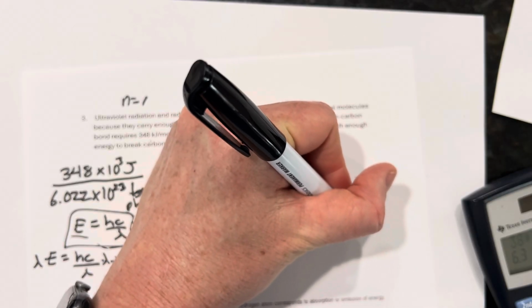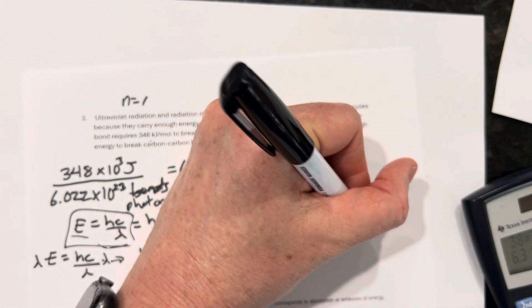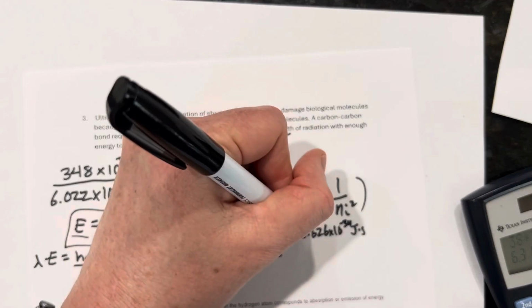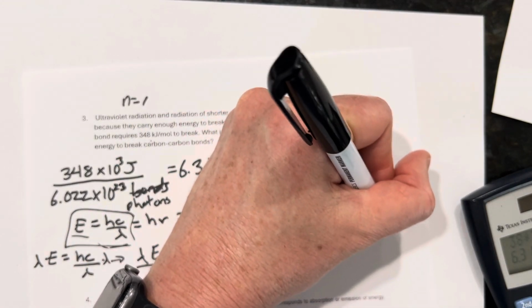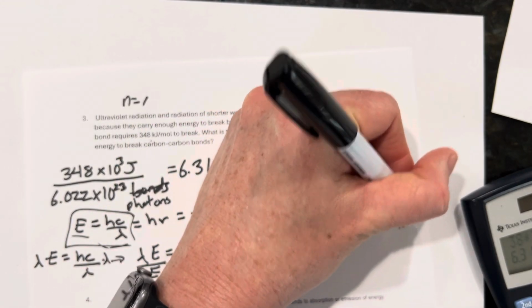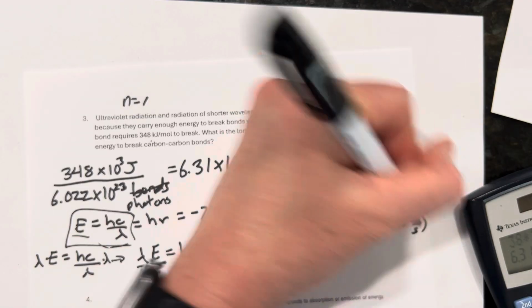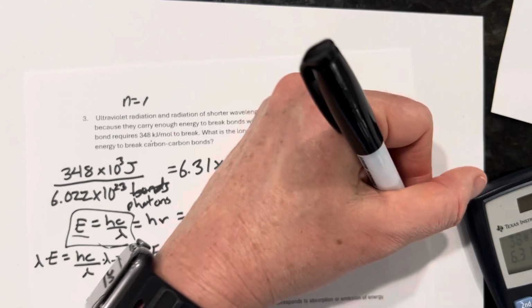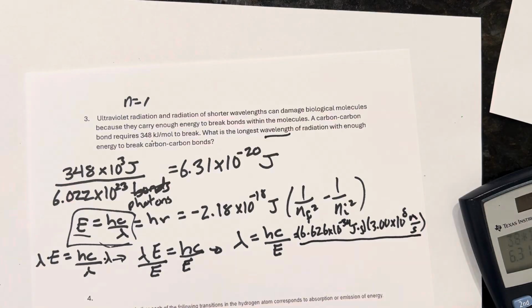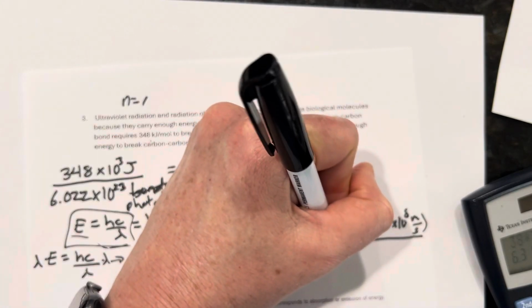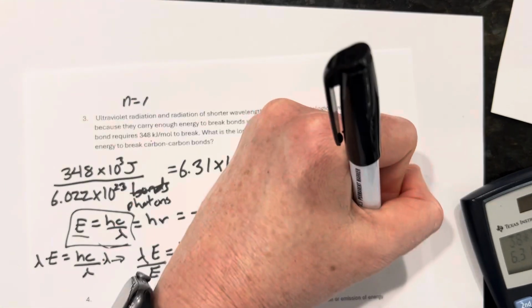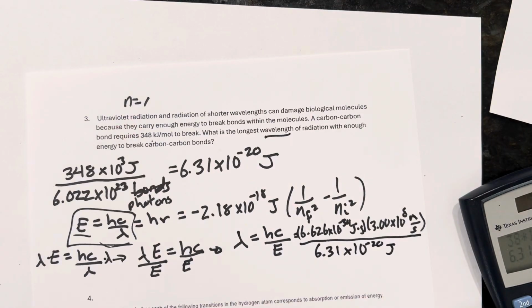Okay, so going back to this, H is 6.626 times 10 to the negative 34 joules times seconds. C is 3.00 times 10 to the 8 meters per second. And we're putting that all over the amount of energy we found, which is 6.31 times 10 to the negative 20 joules.